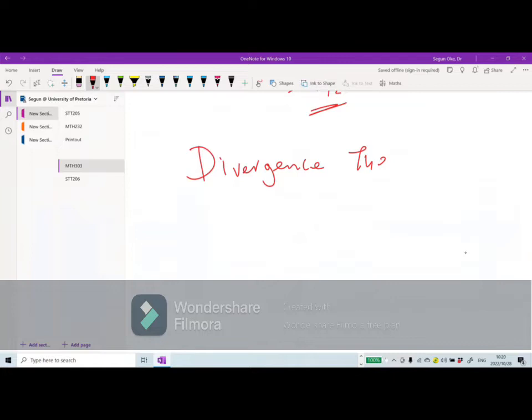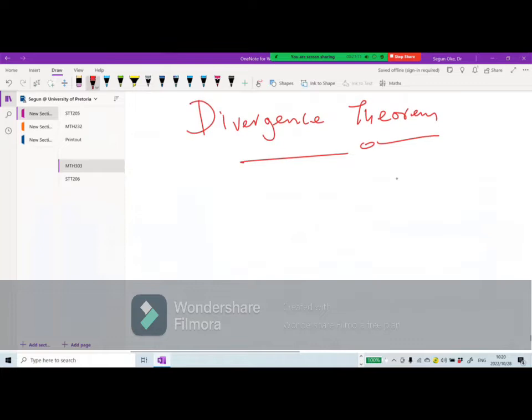For the divergence theorem, there are things that are involved. Let's look at the definition, then the solution.